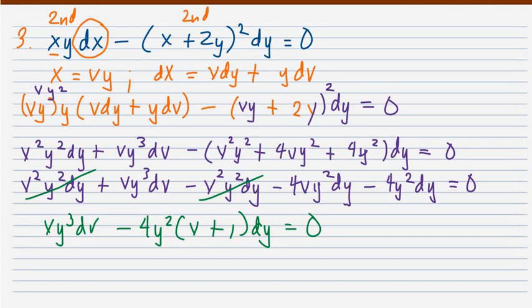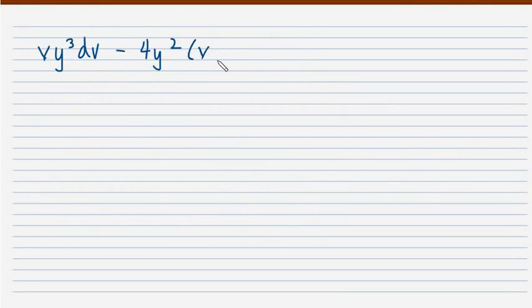Okay, so let's go ahead and write that on our next page. So I have vy cubed differential v minus 4y squared times (v plus 1) dy is equal to 0.